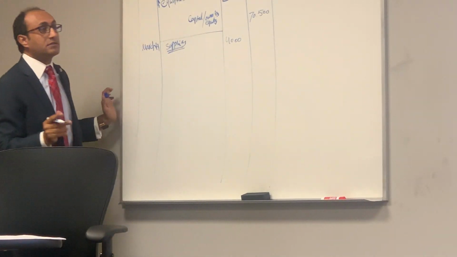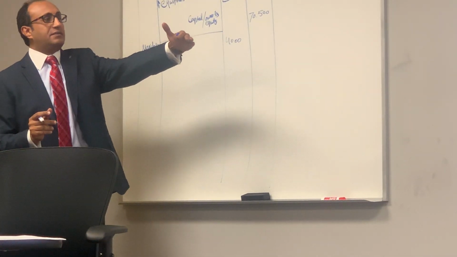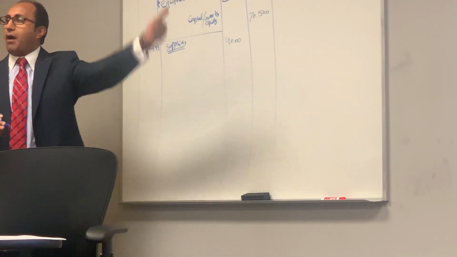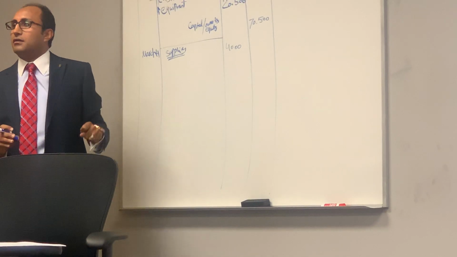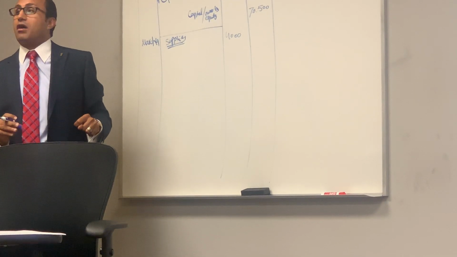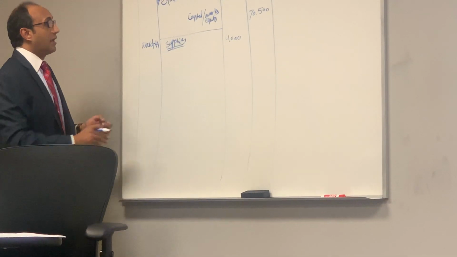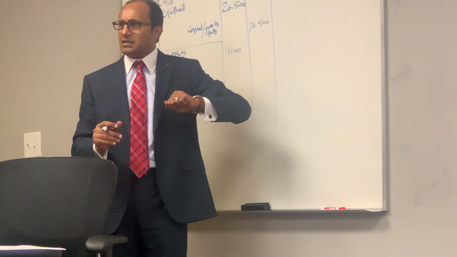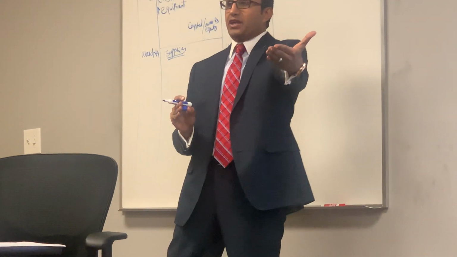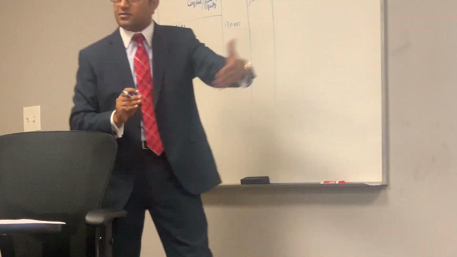And at the same time, on account means our liabilities are going up or going down. Who can tell me? Going up. Perfect answer. Our liabilities are going up because we purchased these supplies, but we still have an obligation to pay later.